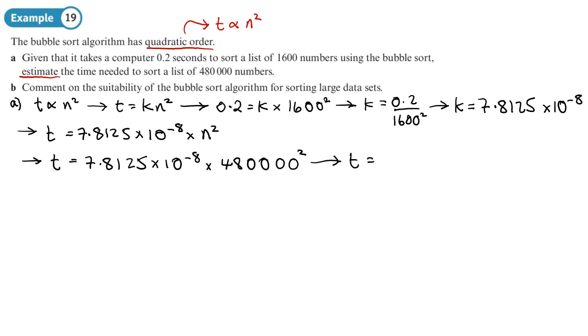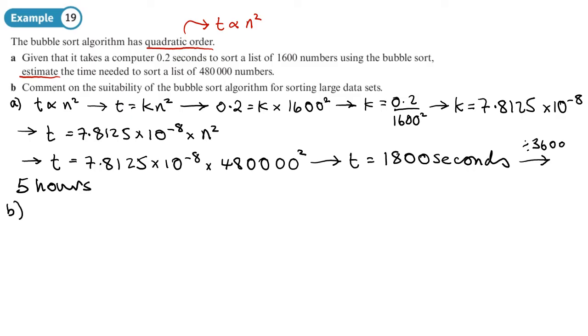So time in seconds gives us 18,000 seconds. So you might want to see what that is in maybe hours or days. So if we divide that by 3,600, it gives us an estimate of 5 hours to complete that task.